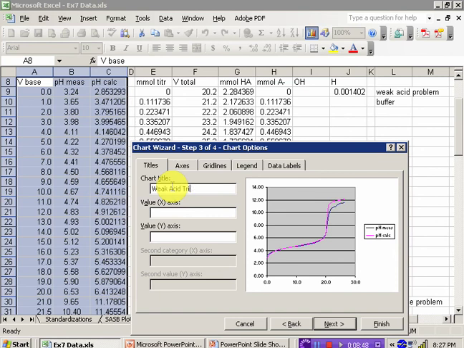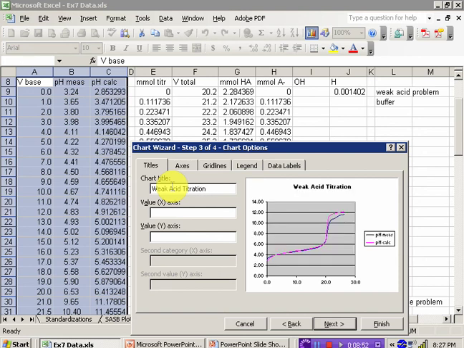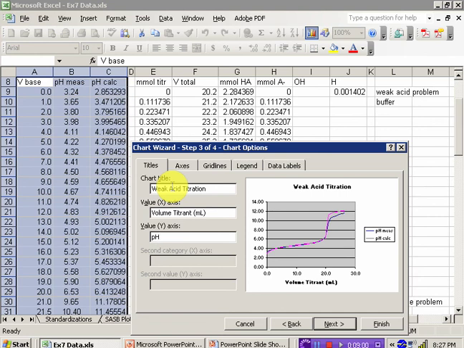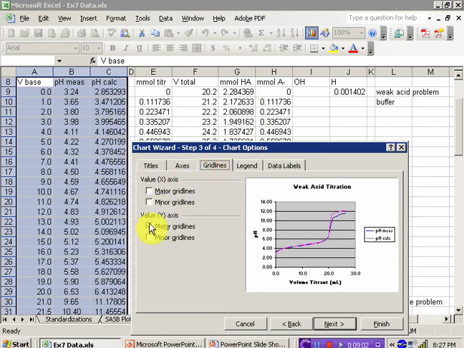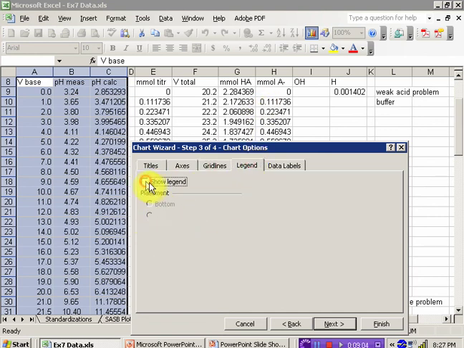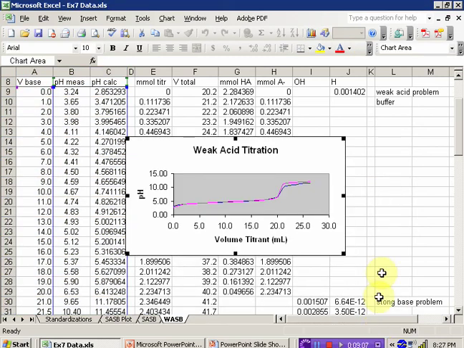My chart title would be weak acid titration. My X is volume titrant in milliliters. My y-axis is pH. I don't want grid lines or a legend.